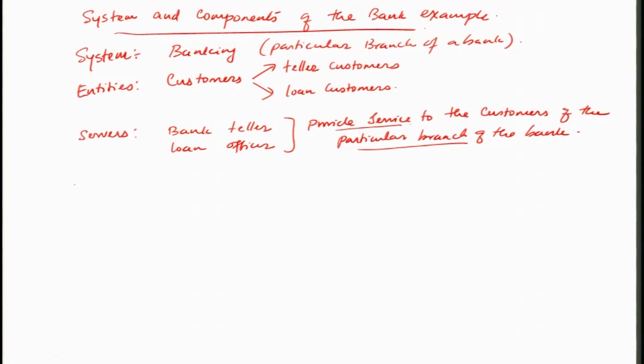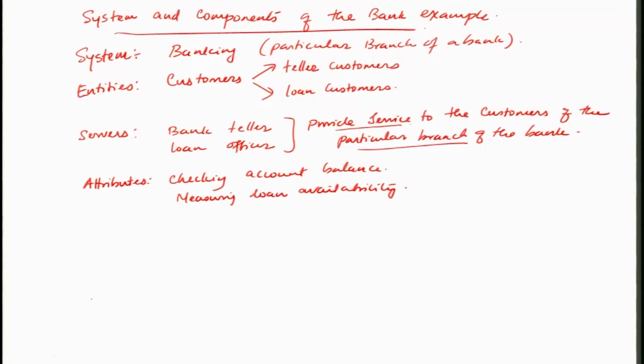Then some of the attributes of the entities can be thought about: checking account balance, measuring loan availability, documenting bank transactions.